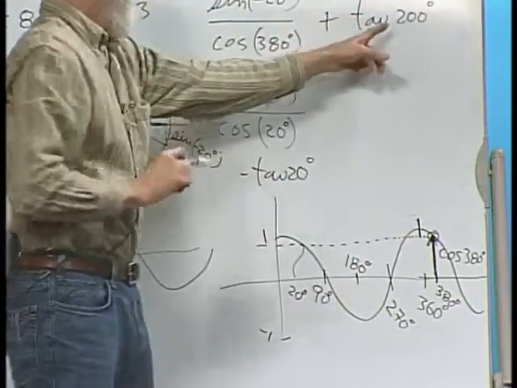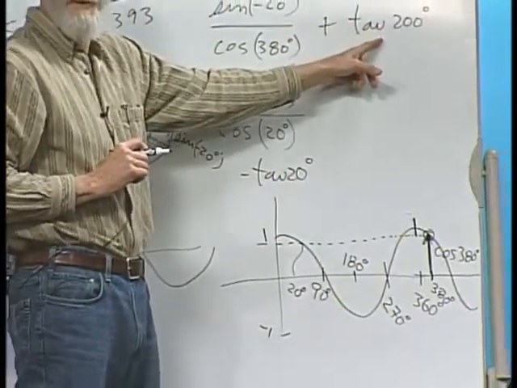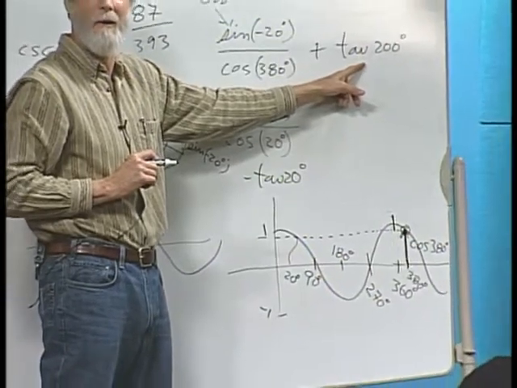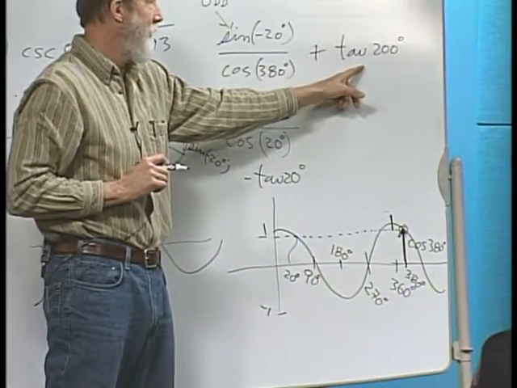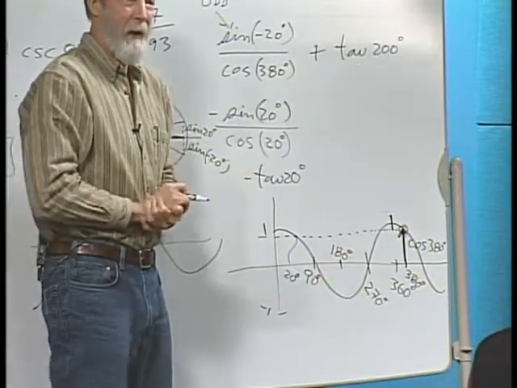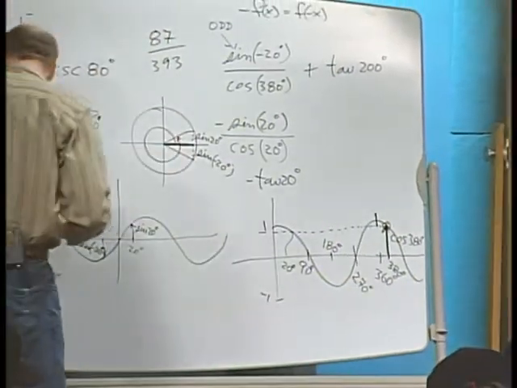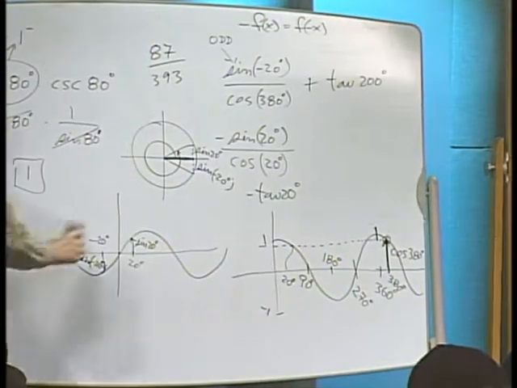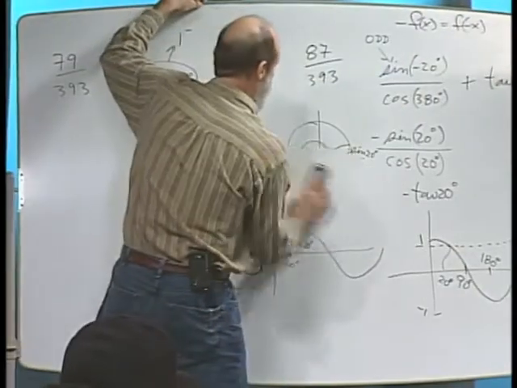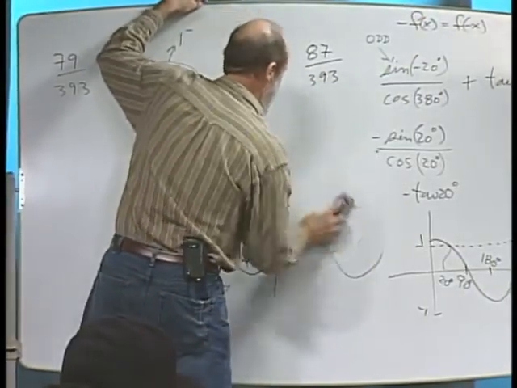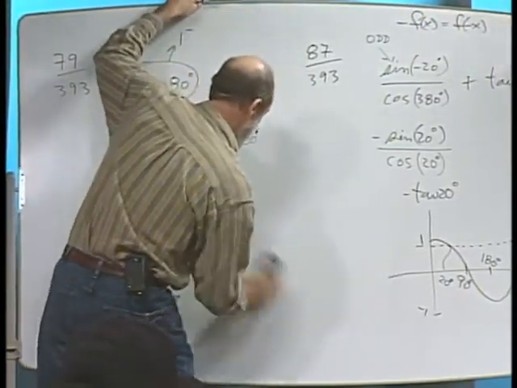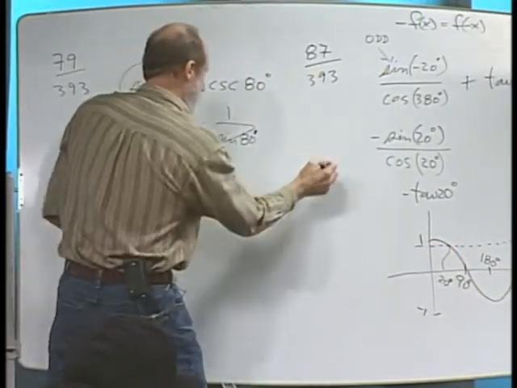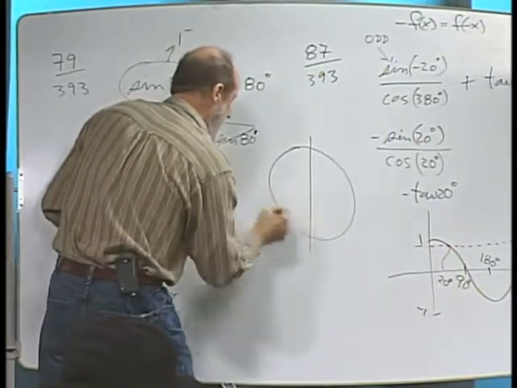Now added to that is this last thing here, the tangent of 200 degrees. Okay, one more picture. I'm going to erase some of this other stuff. So let's talk about that 200 degrees. Let's stick with the unit circle for a second.